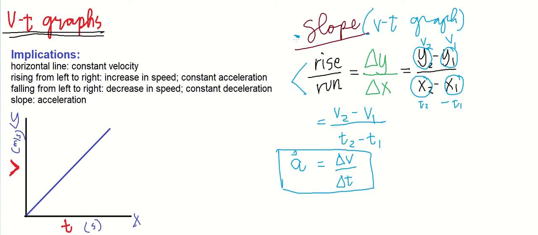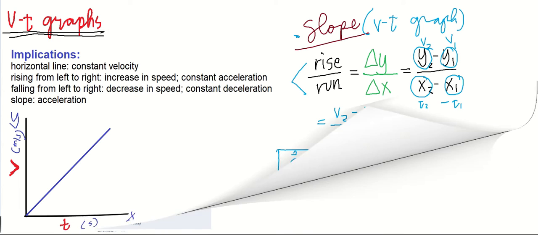We started from the slope. We've rewritten it in terms of the velocity and time, since instead of simply y and x on our graph, we now have velocity and time respectively. So that's why the slope of a VT graph is the acceleration.